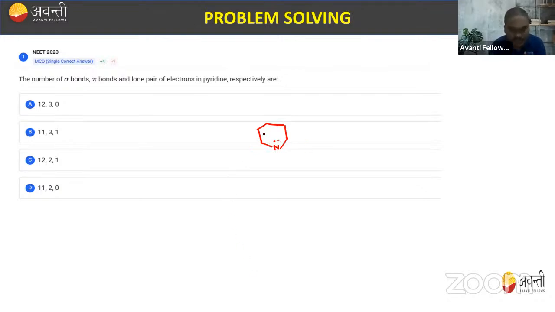The rest are the same, just like benzene. Here we have a double bond, again a double bond, and here also a double bond. We know each carbon has one hydrogen: here, here, here, and here. So this is the structure of pyridine.